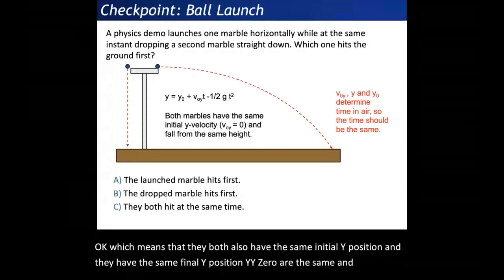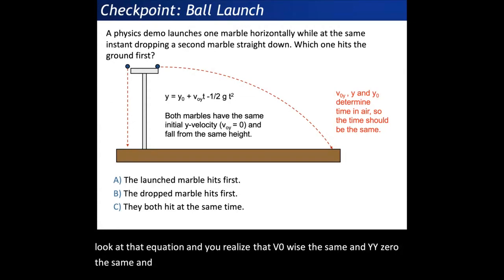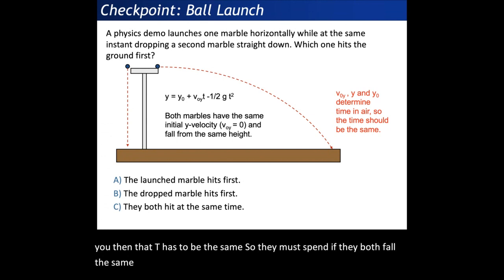If you look at that equation and realize that v0y is the same, y and y0 are the same, and they both undergo the same acceleration, then t has to be the same. If they both fall the same distance under the same acceleration, starting at the same initial velocity, it must take the same time for both.